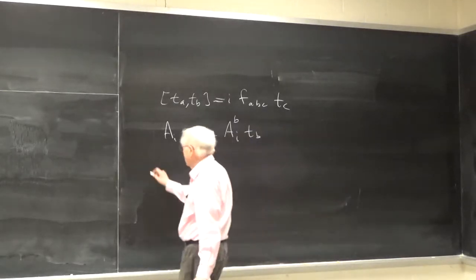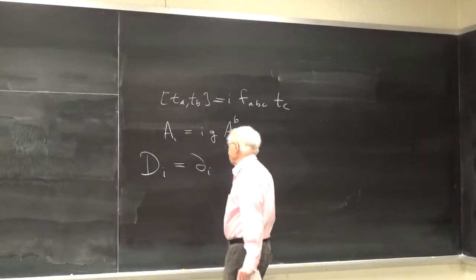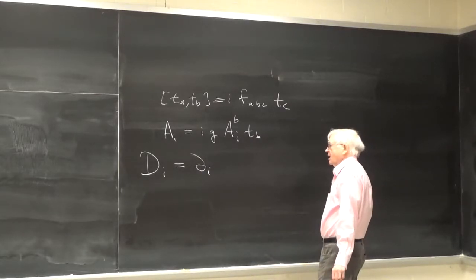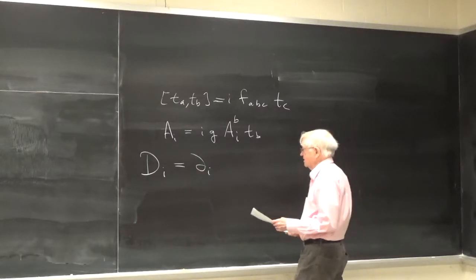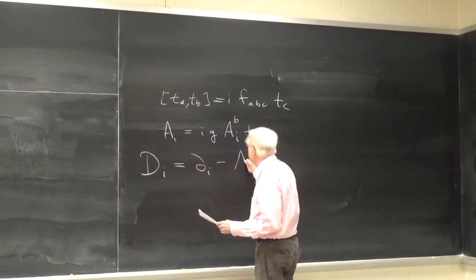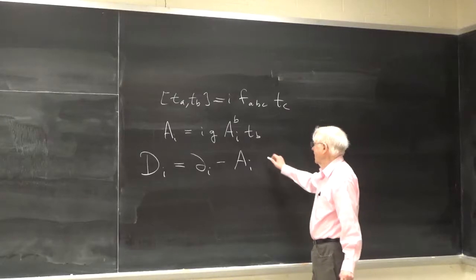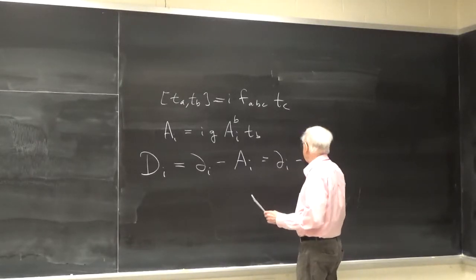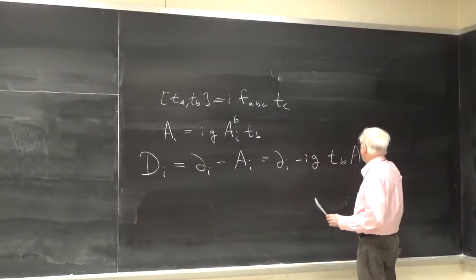And the covariant derivative, the most popular way of defining it, the convention that Kreutz uses and that Weinberg uses, and also that Peskin uses, is D_i minus A_i, and that is D_i minus iG T^B A^B_i.